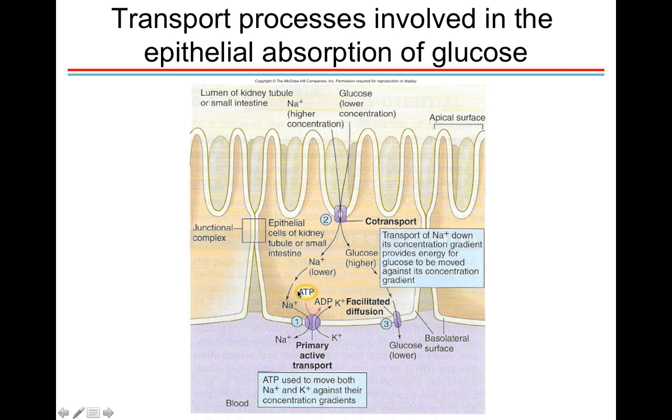So it's using the energy of ATP hydrolysis to push out sodium against its concentration gradient. It's using that same energy to bring in potassium against its concentration gradient, right? Making these sodium-potassium concentration gradients.